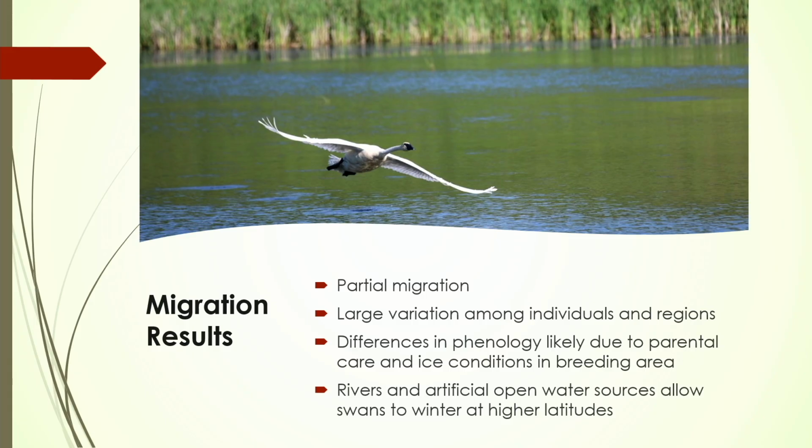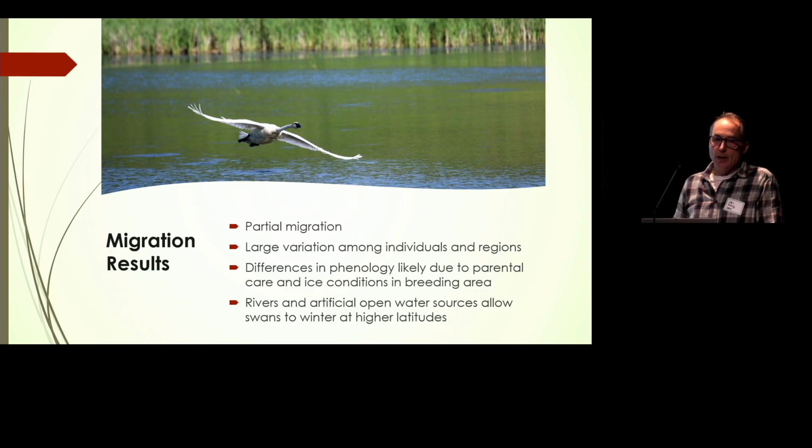A lot of the differences among individuals are due to either their breeding status or the latitude of their breeding and summer ranges. And then rivers and artificial areas are the sources that allow some individuals not to migrate as far if they're farther north.